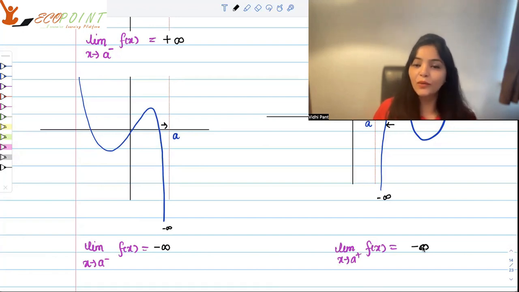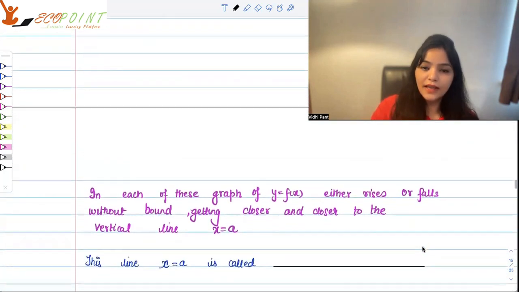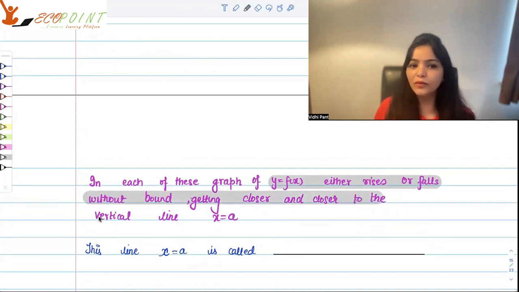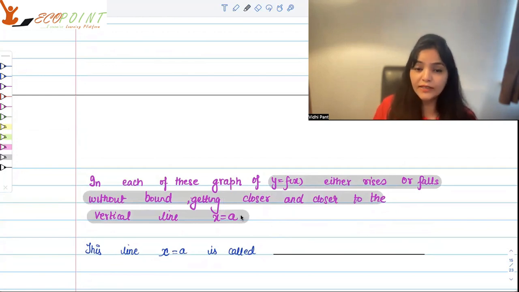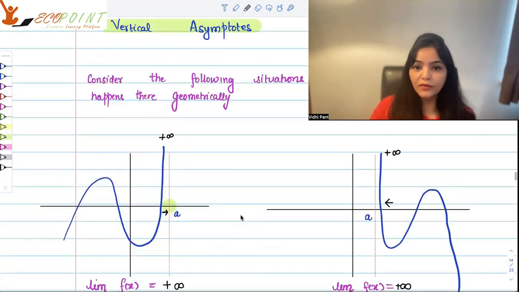Now, what is this scenario called? In this scenario, in each of these graphs, y equals f of x is either rising or falling without any bound. And it's getting closer and closer to the vertical line x equal to a, but never intersecting it, never touching it, never ever intersecting it. It's just moving parallelly to x equal to a, as you can visualize here, right?